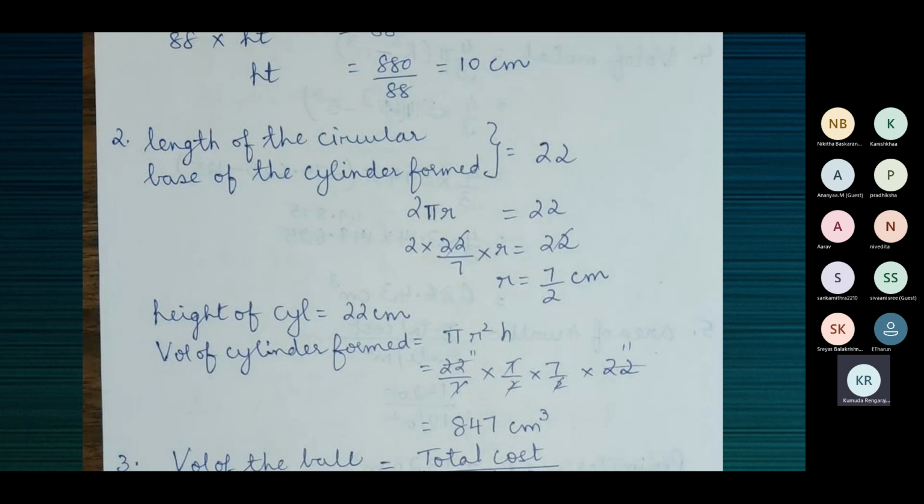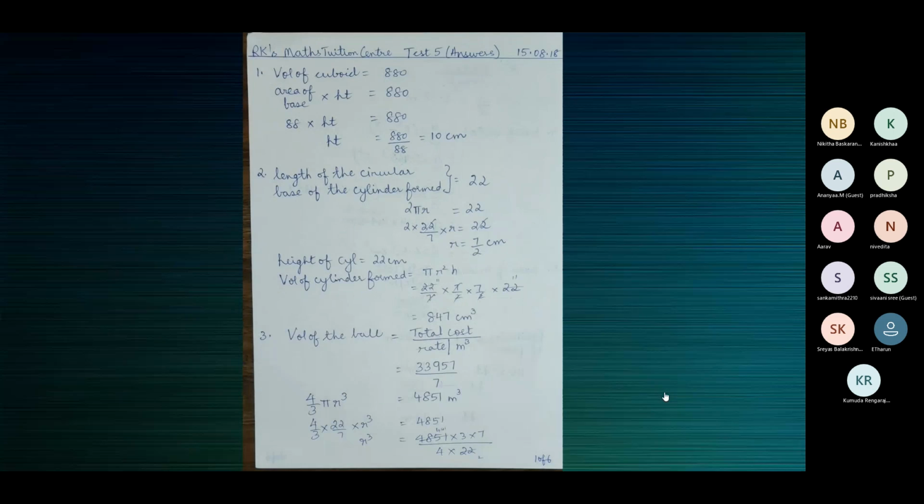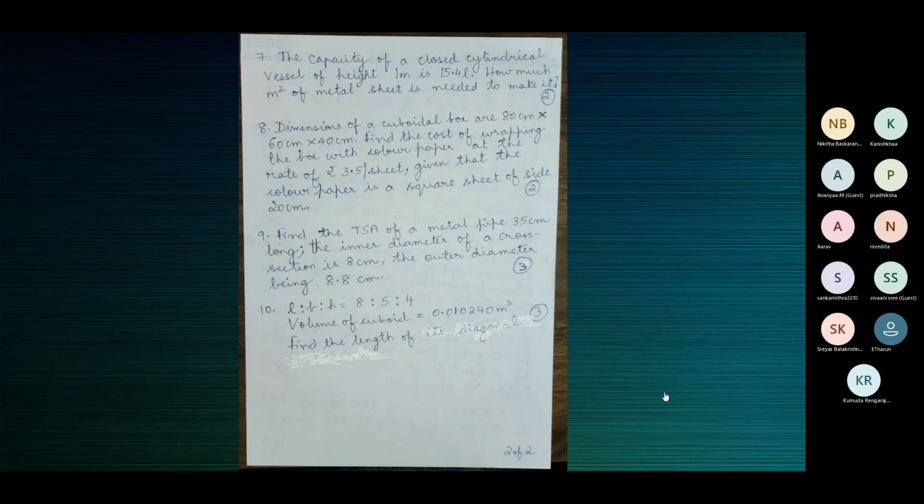Any questions with regard to the first and second answer? Ma'am, could you please show me the question page alone? Yeah, I'll do that. Children who finished, any doubts regarding the first and second one? Any questions? No, ma'am. Okay. Yes, Shreyas.